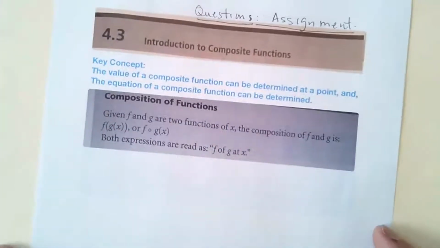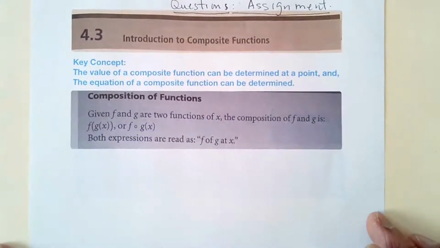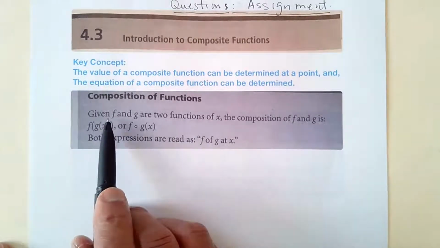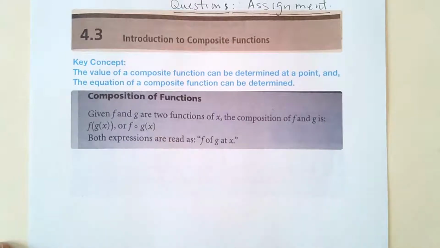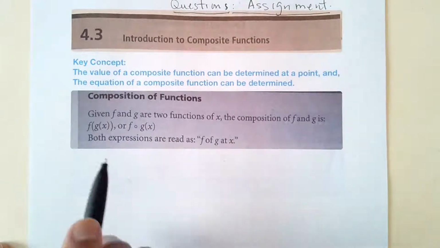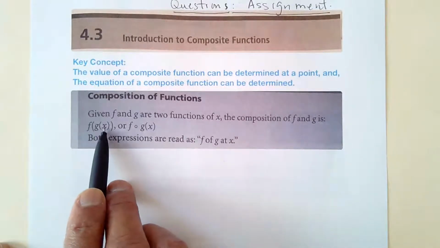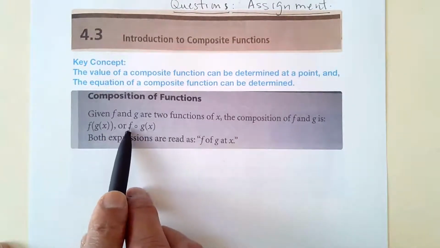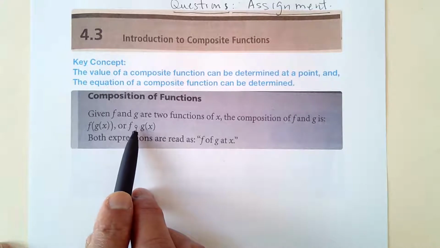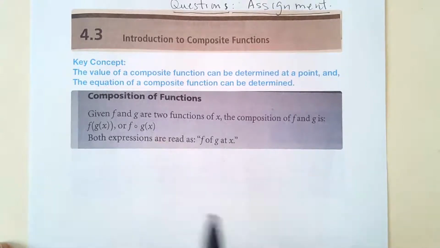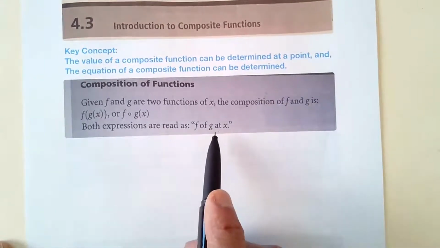So let's start from the beginning, and just to review a composite function. You're given f and g are two functions of x. The composite of f and g is f of g of x, or is also written as f, the small circle there, of g of x. Both are read as f of g at x.